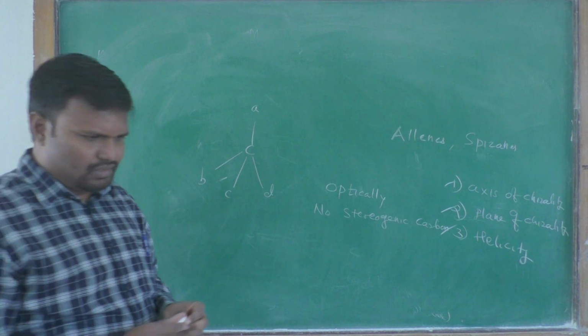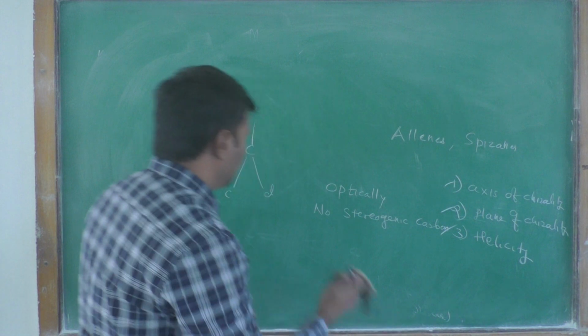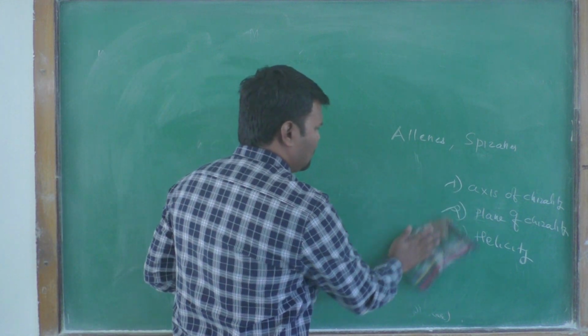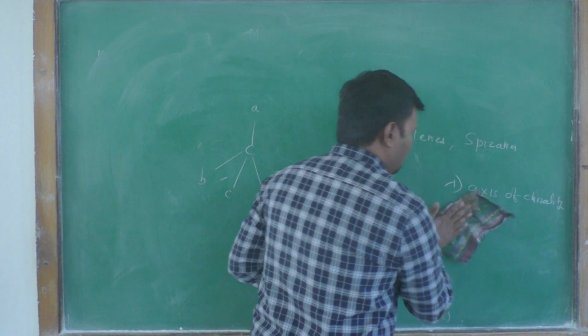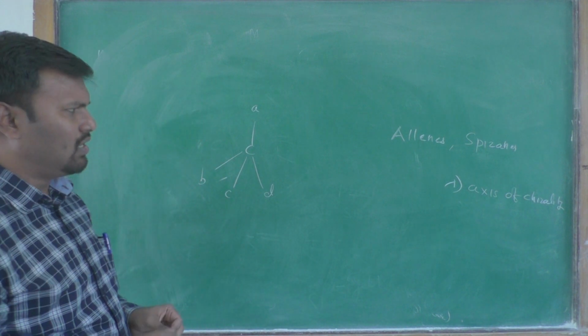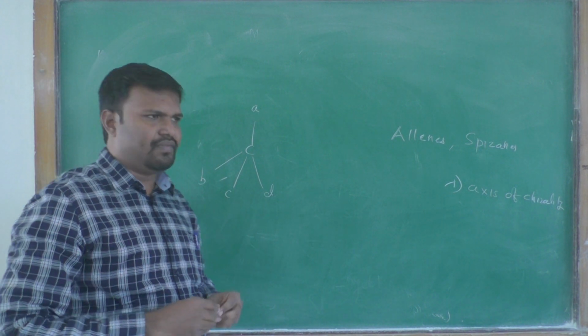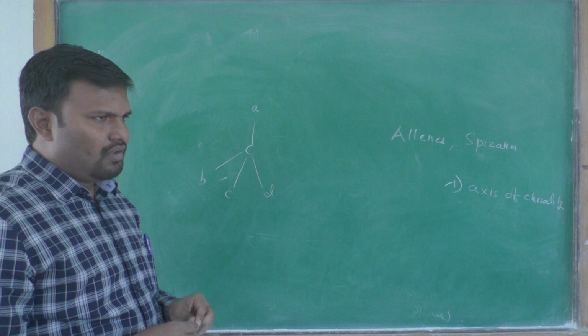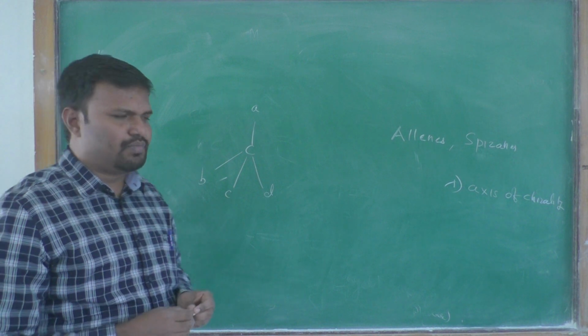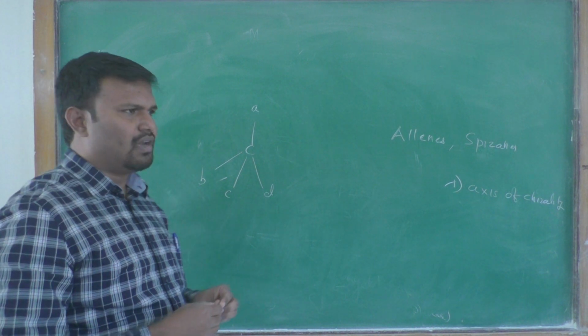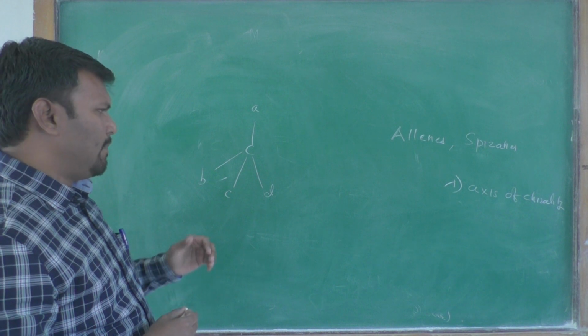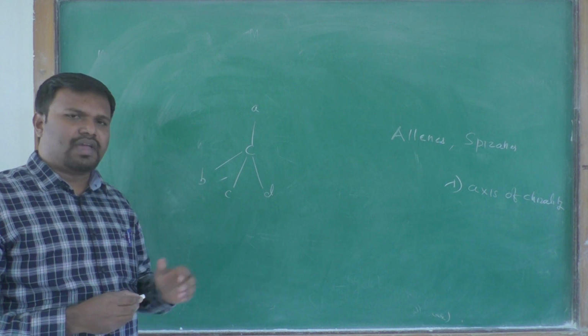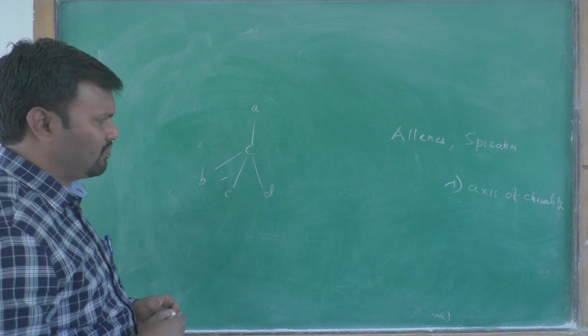We have first the compounds allenes, spiranes and biphenyls, where axis of chirality is present. On the basis of axis of chirality we will discuss the allenes, spiranes and biphenyls.